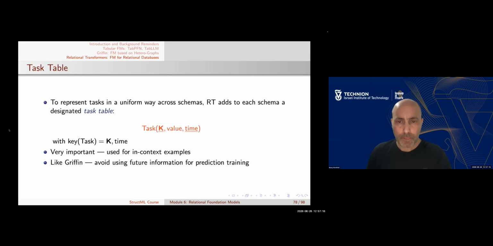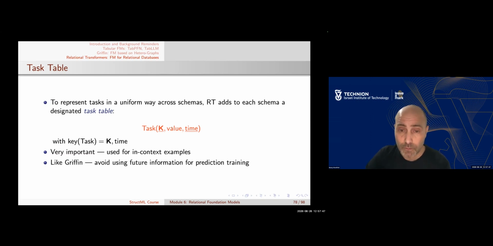Now, RT as a foundation model for relational databases applies to all schemas. It doesn't care which schema you give it. But it does make one important key assumption, that the schema involves a task table. This is where you define your task. There is the key of the entity for which you want to apply your prediction, classification, or regression.